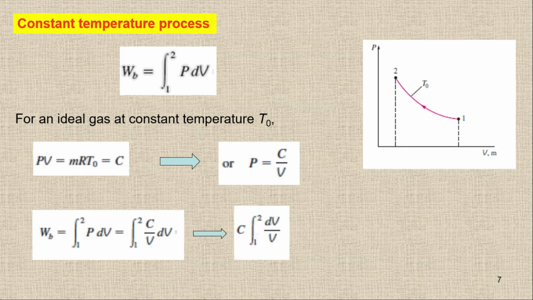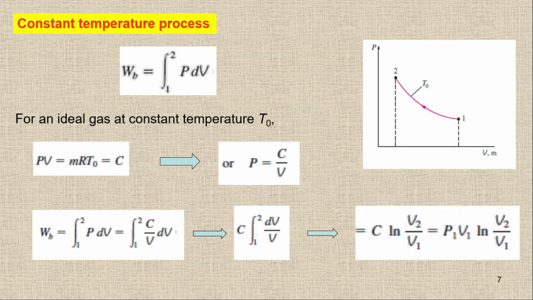If I integrate this, I'll get C ln V between limits 1 and 2. Applying the limits, I'll get C ln (V2 upon V1).